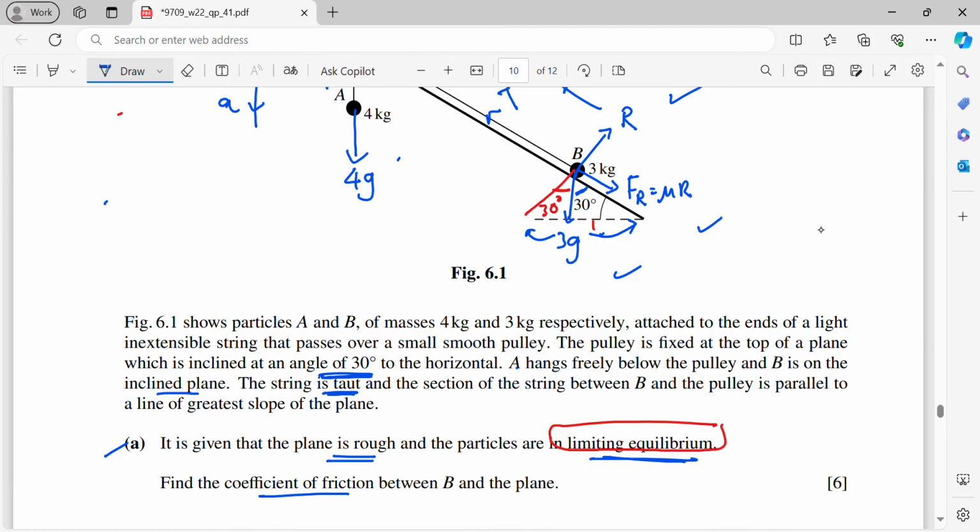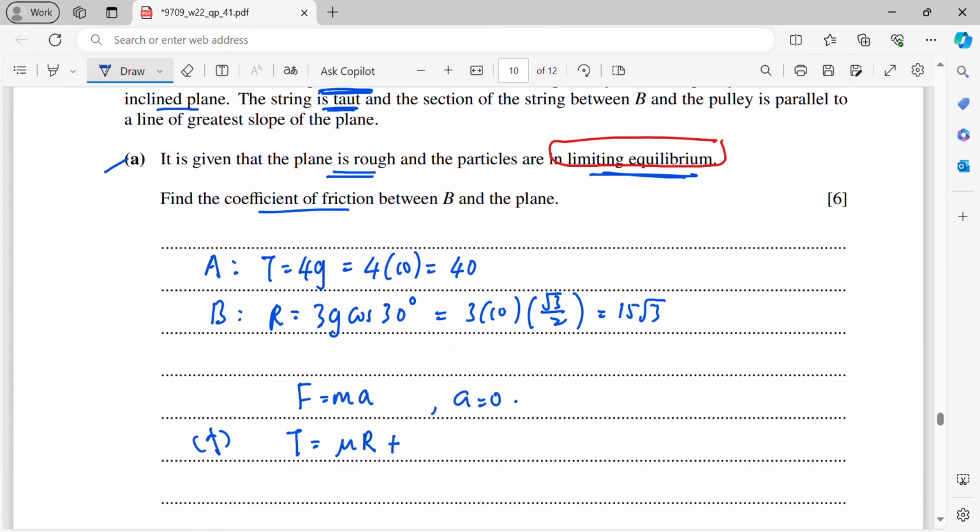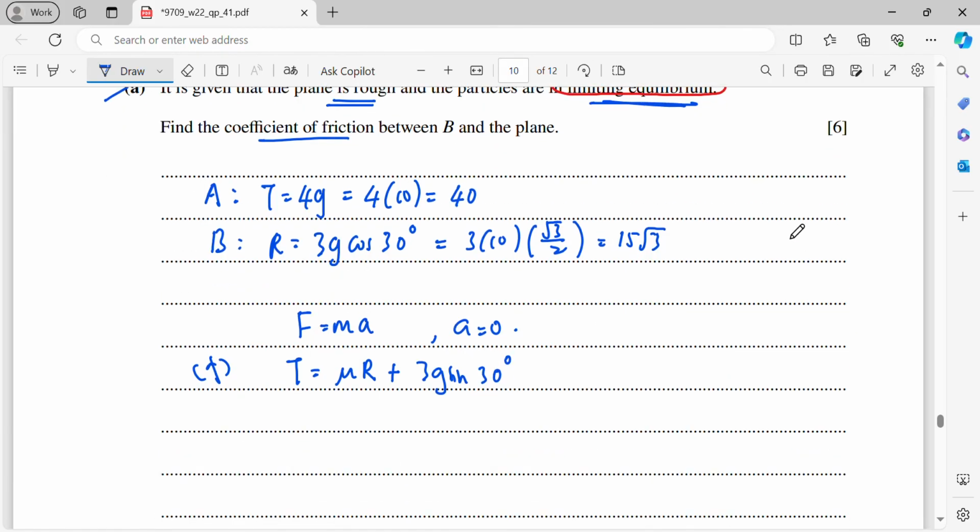It's the alternate angle. Therefore, that is sine. So it will be 3g sine 30 degrees. Okay, and now T is found, 40. The mu is not known because you need to find mu. The R is found, 15 square root 3. Then plus 3 times 10 sine 30, which is half.